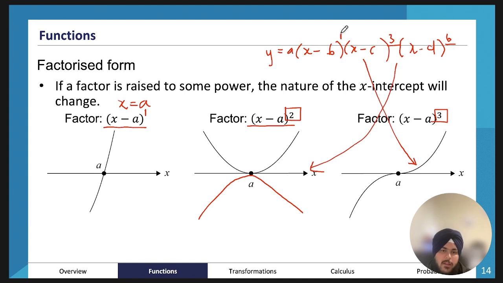Positive 1 is the only odd power that won't give you a point of inflection. Instead, it will just give you a line that sort of just crosses at that point. So this is how we graph polynomials when we're given something in factorized form.